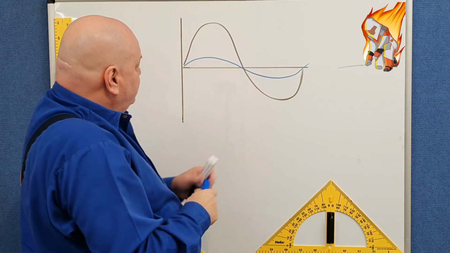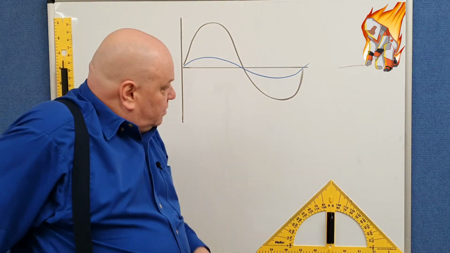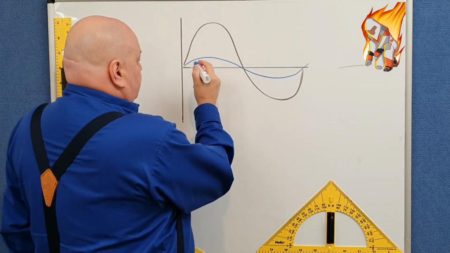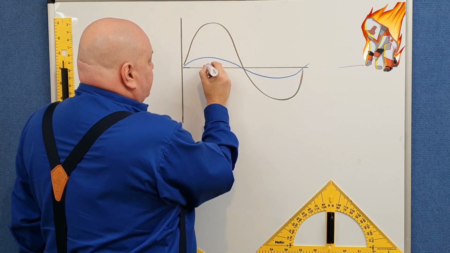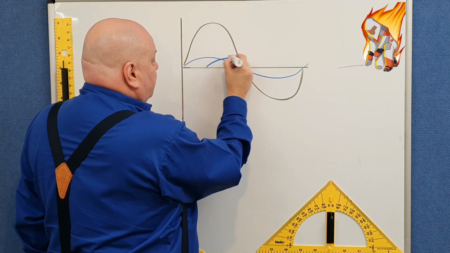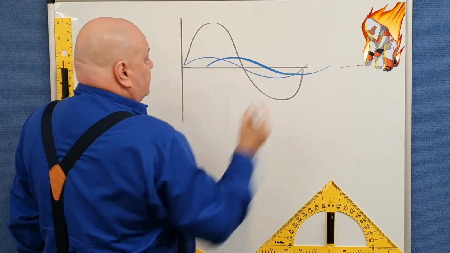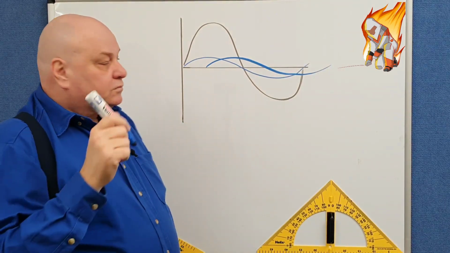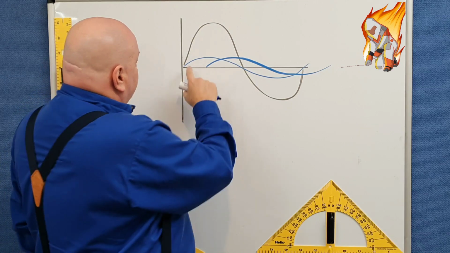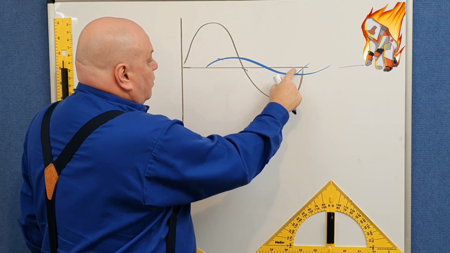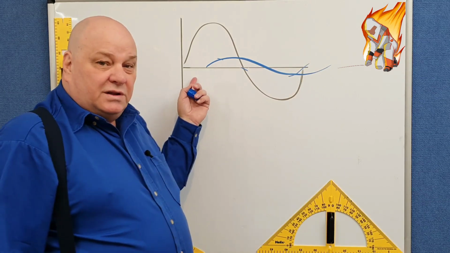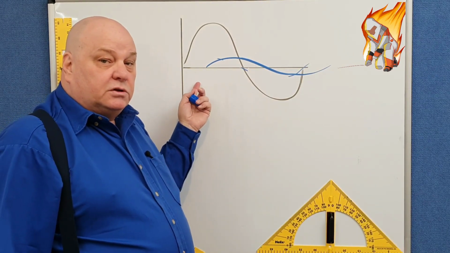So what happens is a short period of time after the voltage has started, we then get the current starting. You notice that the current is now out of step with the voltage.